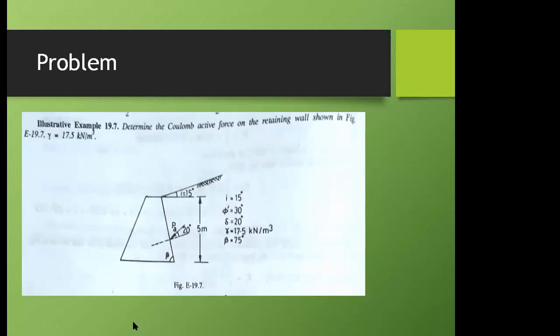Right. So how much you got for Ka? Students, tell me the value of Ka. Yes. Are you calculating? Harshita. Yes.